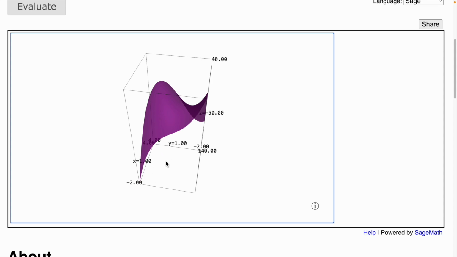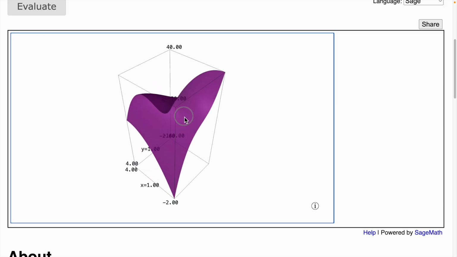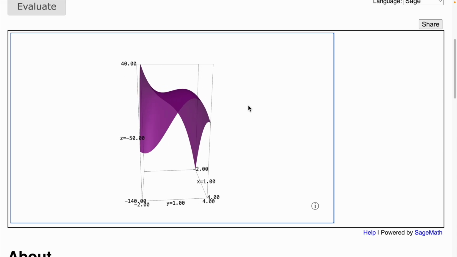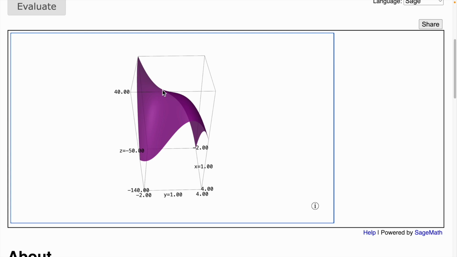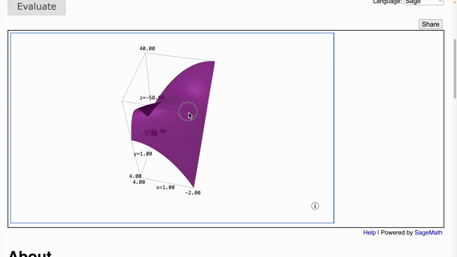So if we take any point in a neighborhood, the values will always be less. So the maximum value here is 8. So all the values we calculate around will be values less than 8. So we can visualize here the local maximum that we found, and the local saddle point.